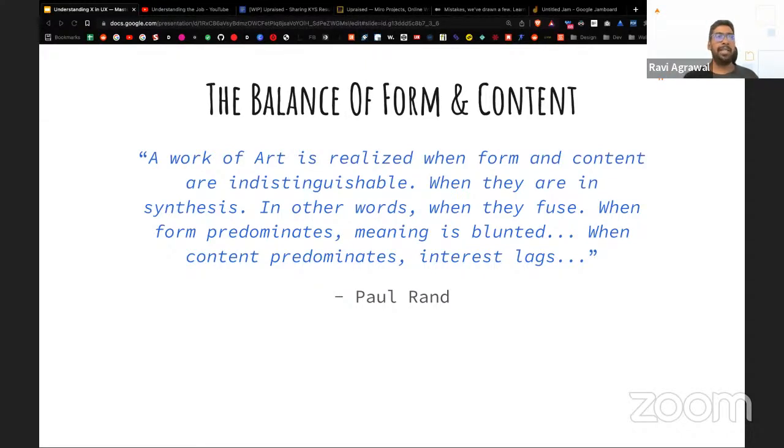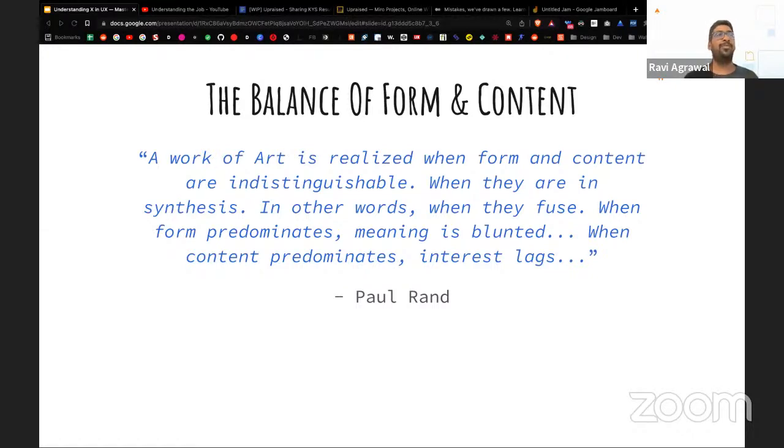Paul Rand is considered the father of graphic design, and he has designed some really momentous logos like IBM and Morningstar, and has written a lot of books about graphic design. What he says is: a work of art is realized when form and content are indistinguishable, when they fuse, when they are in synthesis.